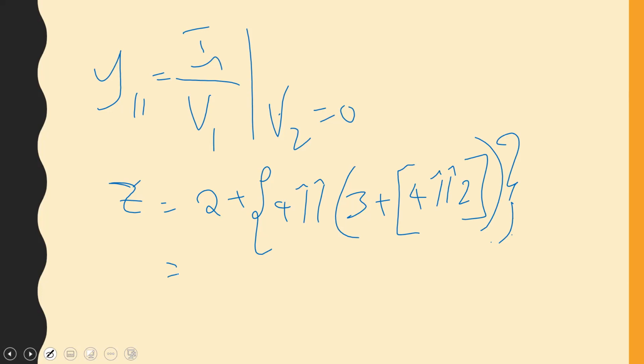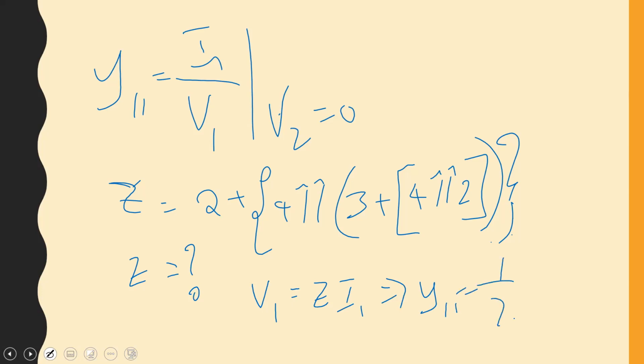You find, so where is it equal to? You know that V1 is equal to that impedance times I1, which implies, therefore, that Y11 is equal to 1 over the impedance.